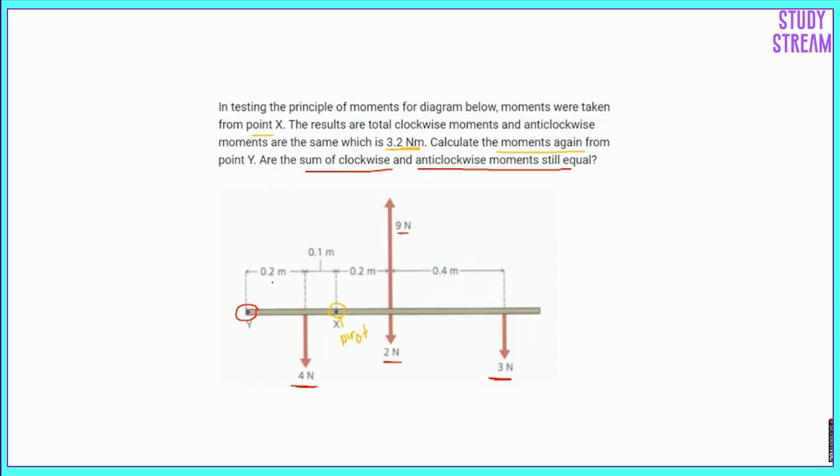So now you need to take the distance first to the nearest force. Let's take it from here to here. Go ahead, Muawiyah. So multiply 4 by 0.2. Okay, I'll call it moment 1. This is our first moment for now. So moment 1 will be equal to 4 multiplied by 0.2.